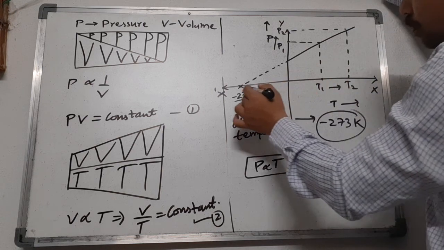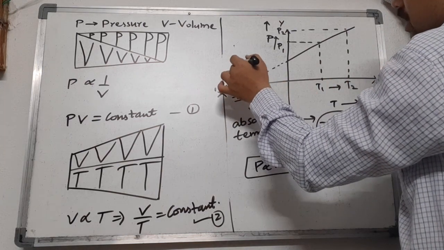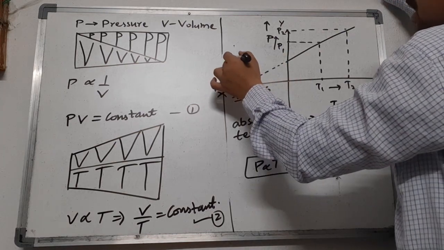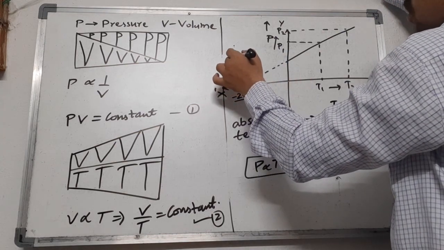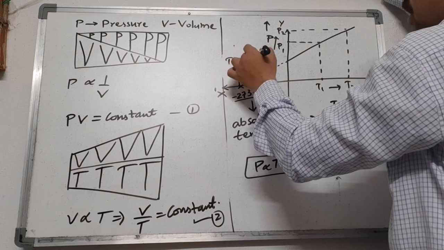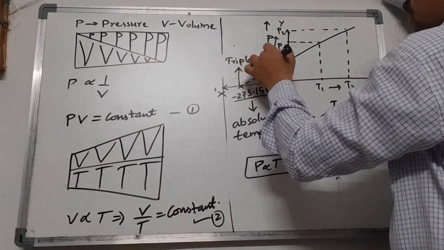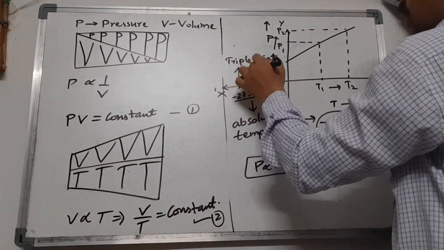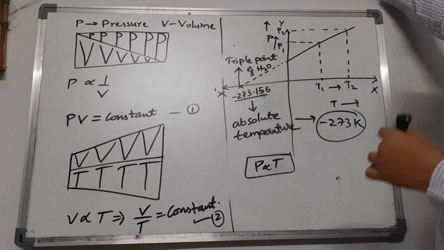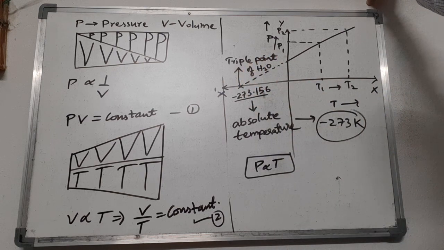At this particular point, what is happening? The substance exists in three states, so it is also called the triple point of water. Water exists in three states: solid, liquid and gas.